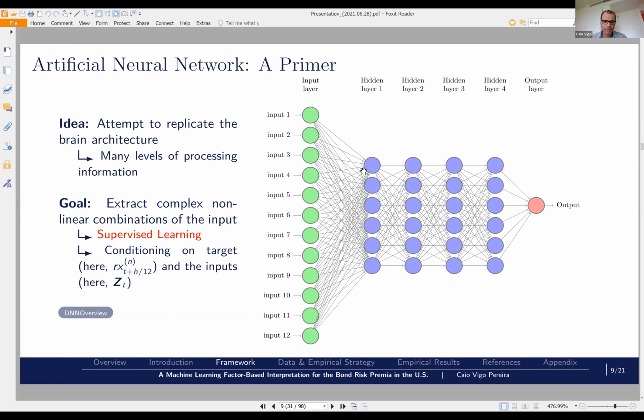I can't discuss more, but it's the idea that we're going to feed it. And then each arrow here represents a set of weights. You can think about these as parameters that need to be determined. But this is a process of sequential learning, where in each iteration you need to try to find what's the best weight for each arrow.